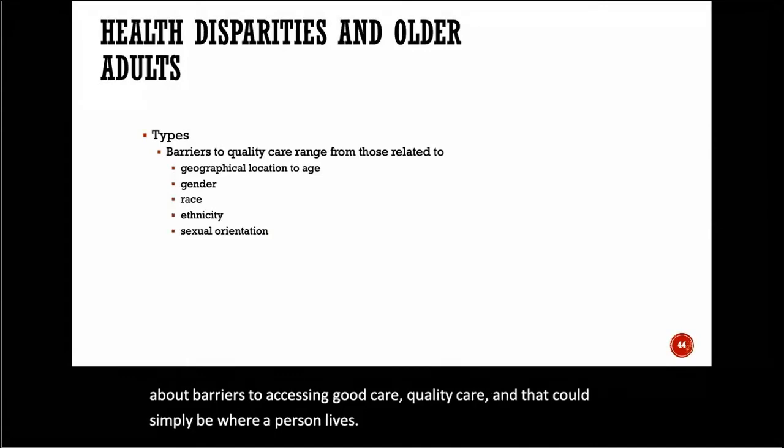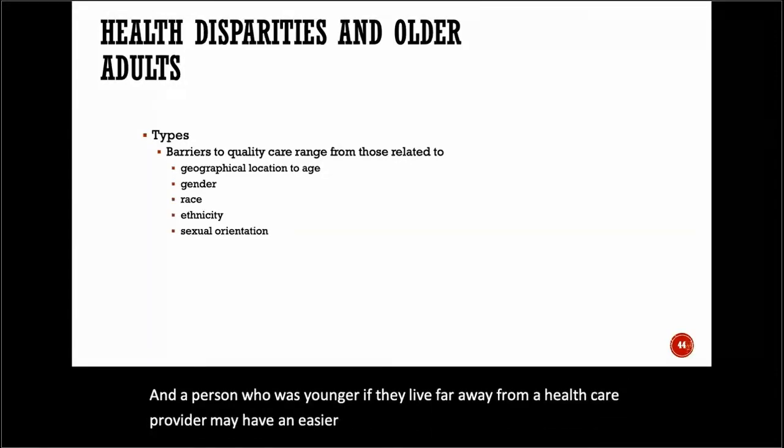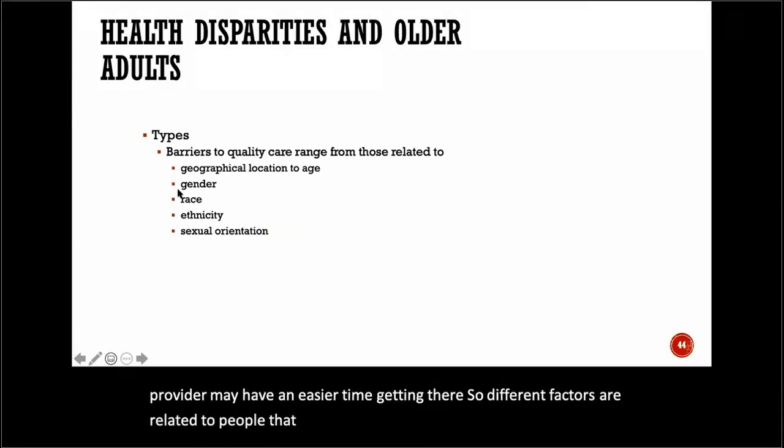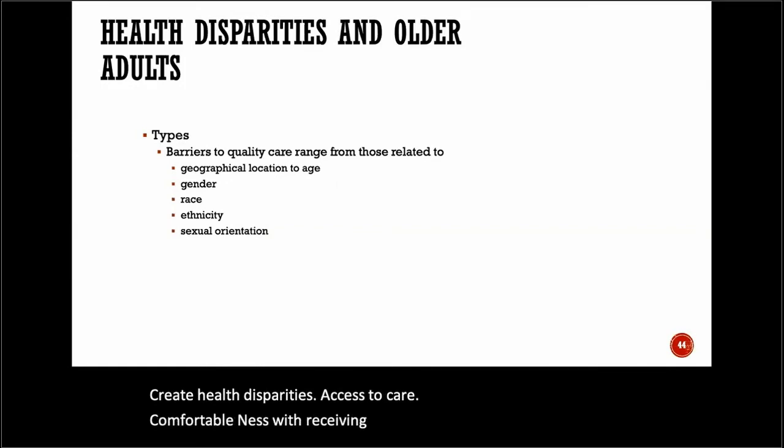A person who is younger, if they live far away from a healthcare provider, may have an easier time getting there. So different factors can create health disparities: access to care, comfortableness with receiving care, and one of those major things is age.